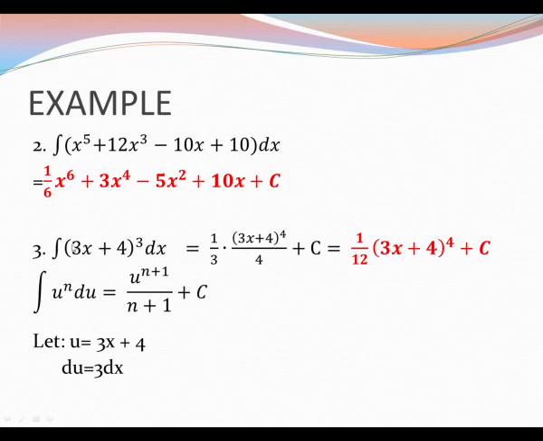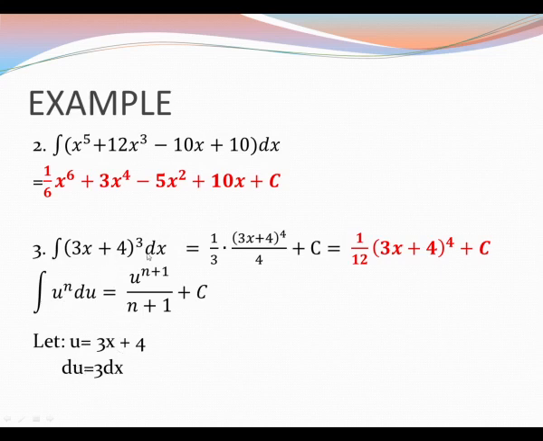Now, for example number 3, this is an example of the general power integral, or simply by substitution, wherein we can consider the quantity 3x plus 4 raised to the cube as our u. So this is the pattern, u to the n, and then this should be the du. If u is equal to 3x plus 4, then the derivative of u is 3dx.